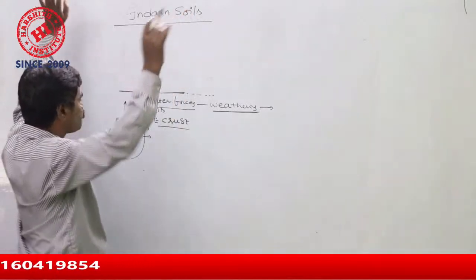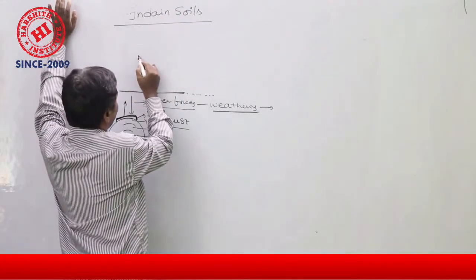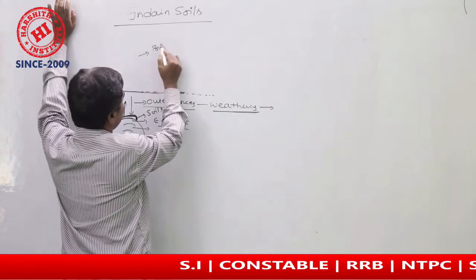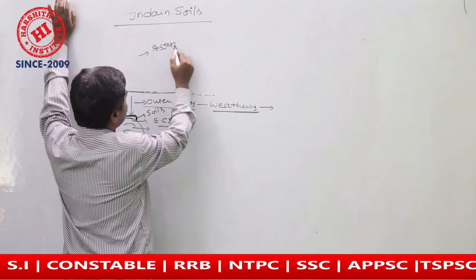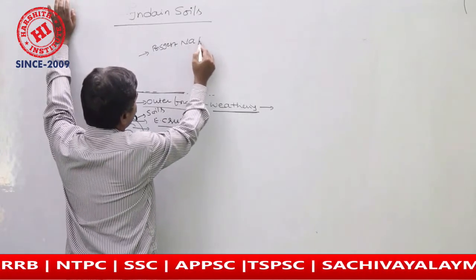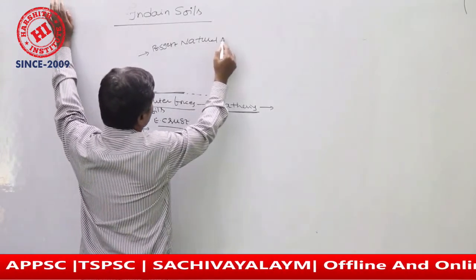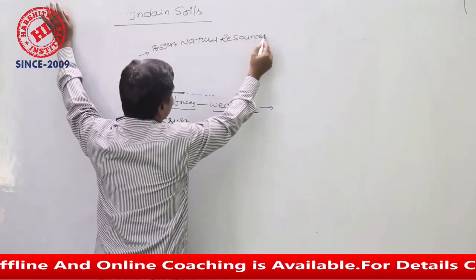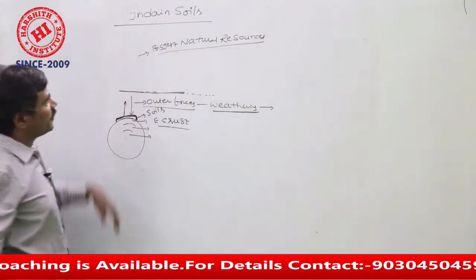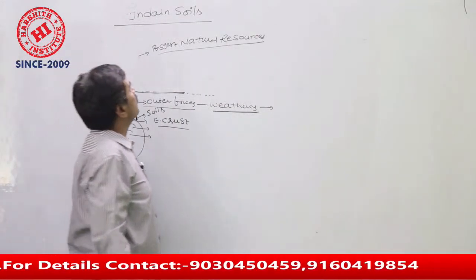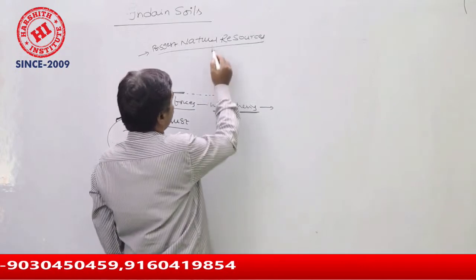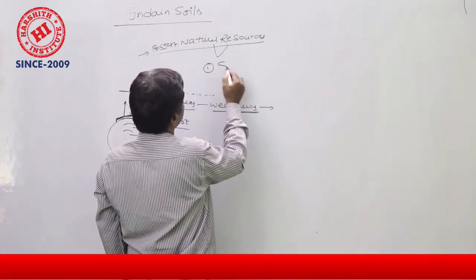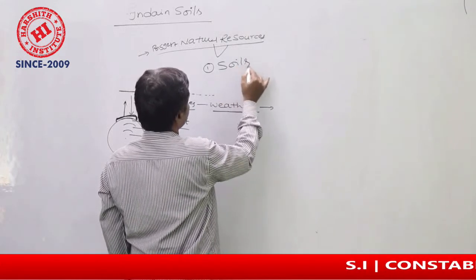So generally, soil is one of the biggest natural resources. Generally there are three types of natural resources. Soil is one of the biggest natural resources.